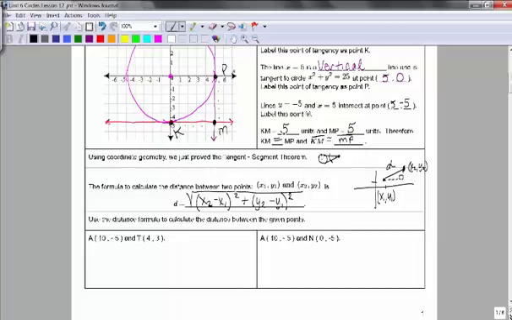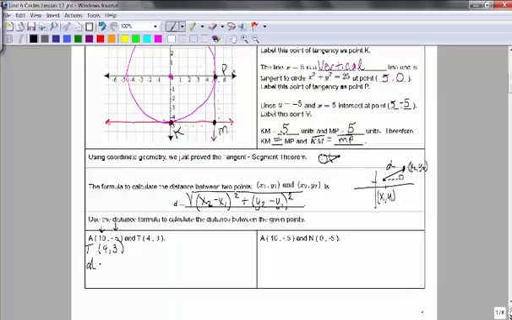And now I'll do one of these for you. We need to use the distance between the 2 given points. And if you notice, both the x coordinates and the y coordinates are unique. So it's not a horizontal or vertical distance, we have to use the formula. And the first thing I like to do is write this point underneath the other point so that I keep the x's and y's lined up.